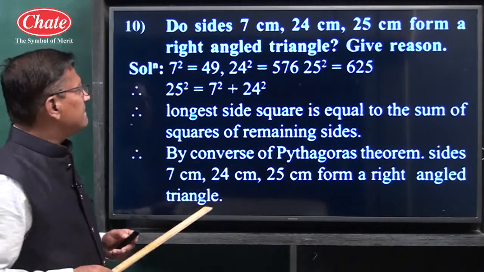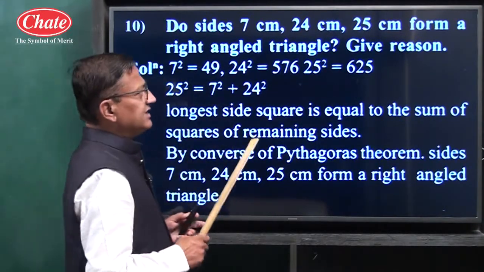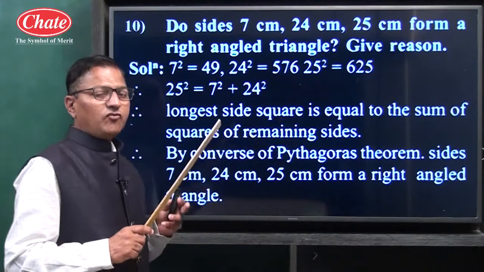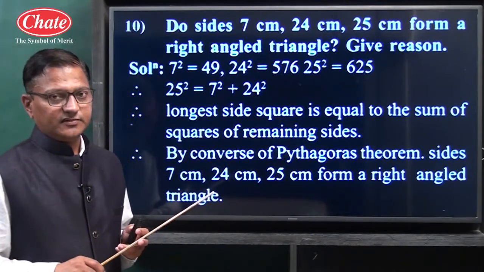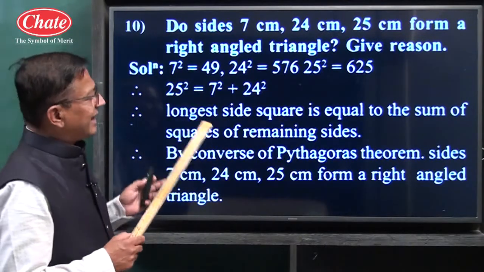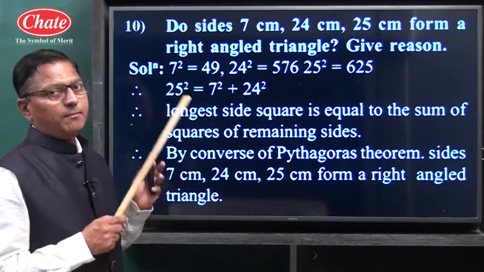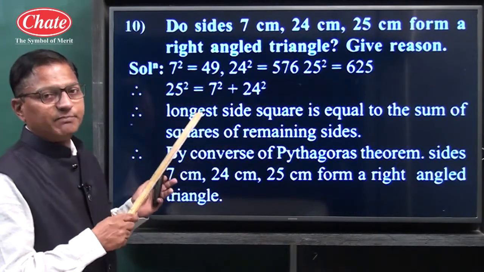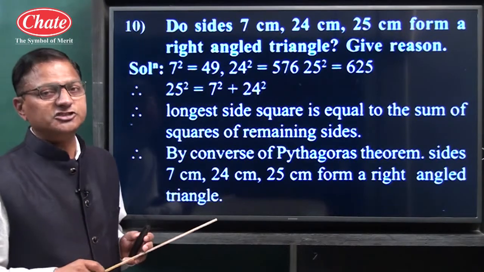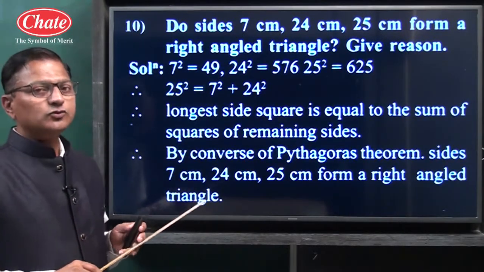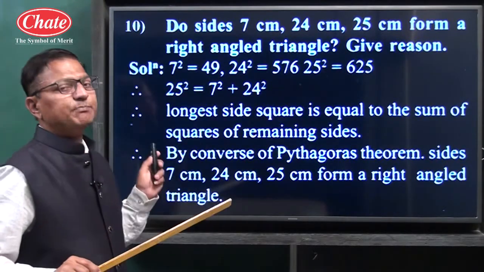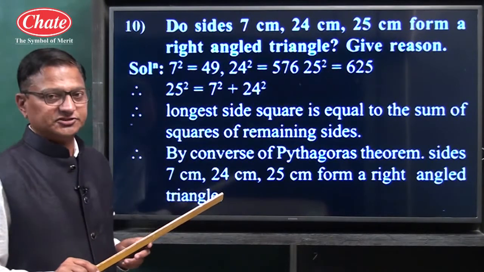See here, we can use the converse of the Pythagoras theorem. If we draw a right angle triangle from these sides, the Pythagoras theorem must be obeyed by this Pythagorean triplet. So we have to find whether this is a Pythagorean triplet or not.